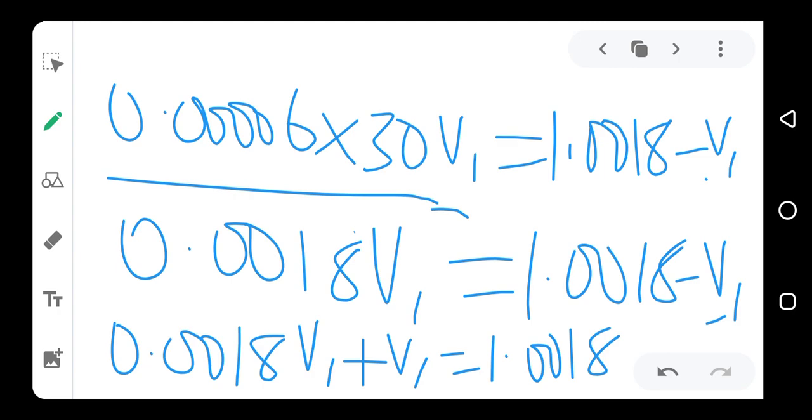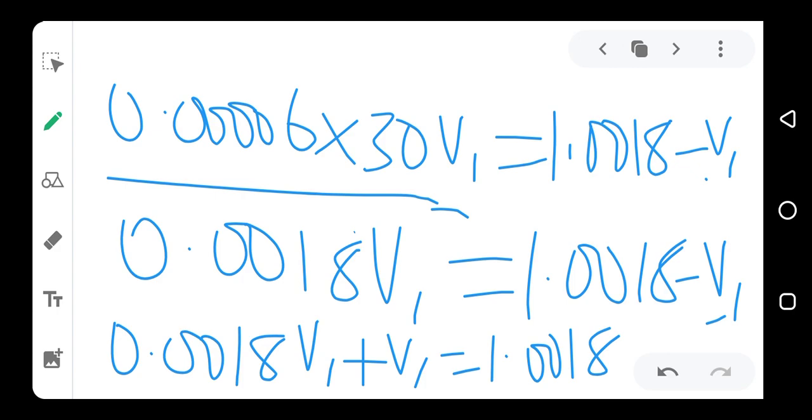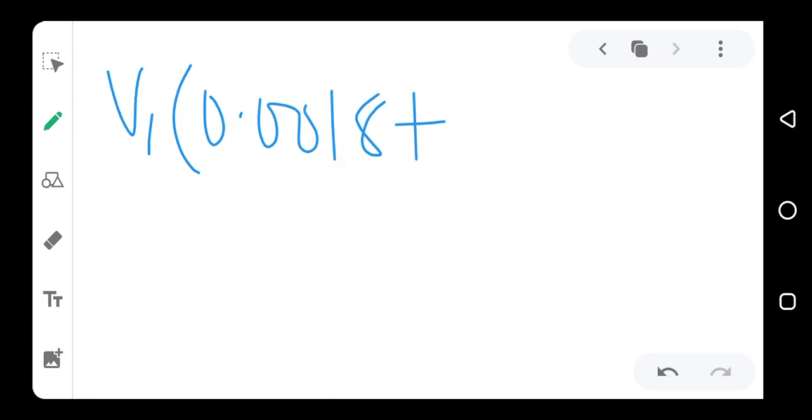The common factor is V1, so that becomes V1 bracket 0.0018 plus, that is, 0.0018 V1 divided by V1, we get 0.0018, and V1 divided by V1, we have 1, so plus 1.